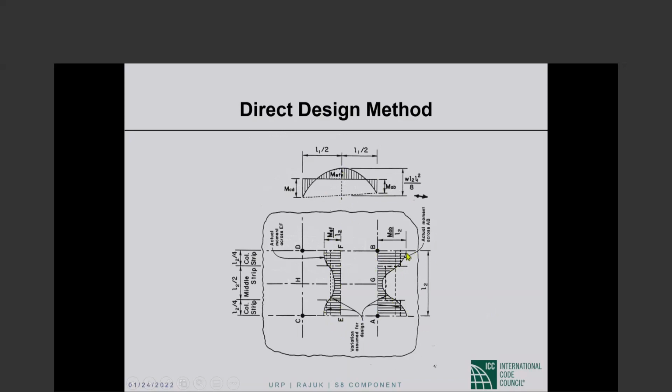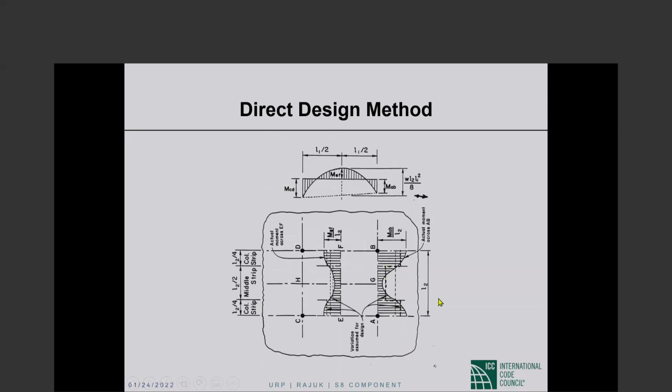So instead of taking this complicated variation for design, we go for a simplified variation like this, the stepwise variation. For the support section as well as the span section, we take a stepwise variation. We assign 75% of the negative moment to the half column strips and 25% to the middle strip.